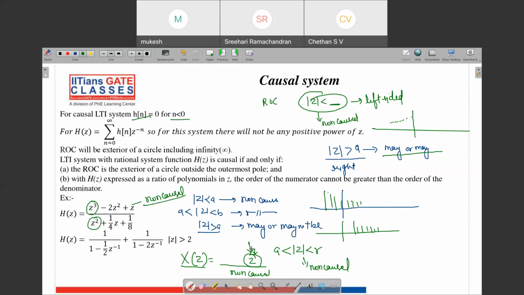But if the numerator polynomial is the same as the denominator or less than the denominator, in that case the system will be causal, because you will not get a positive power of z. So with the help of the ROC, you can conclude whether the system is causal or not. Anyone has any doubt?